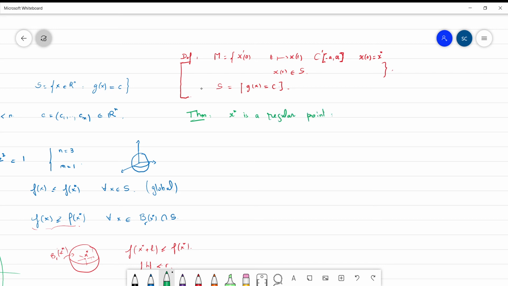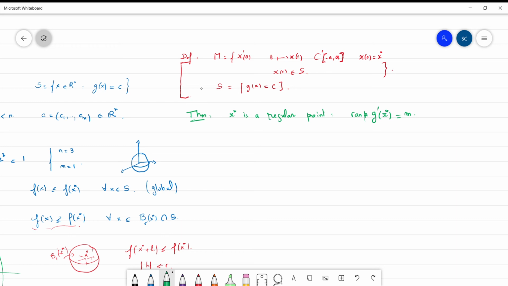It means the rank of g prime, the derivative of the function g at x star, is equal to m, where m gives us the number of equations. If it is exactly m, then we say x star is regular.